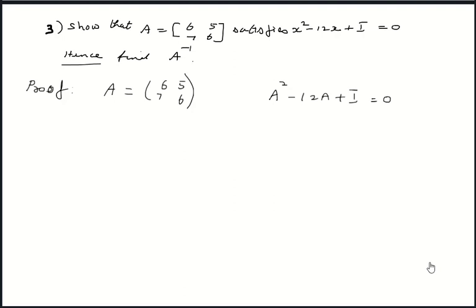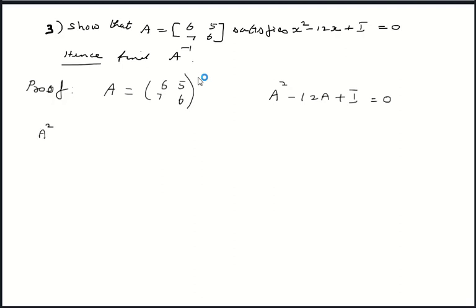I know what is identity matrix. Addition and subtraction can be done if and only if the order of the matrices is the same. So here I matrix is of order 2. Now this is A square. Show that it satisfies. Okay.